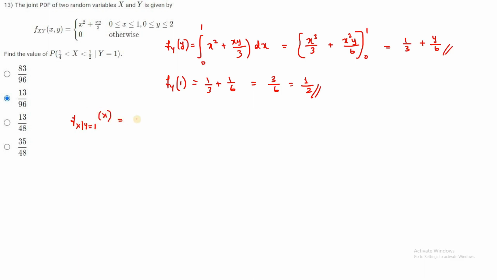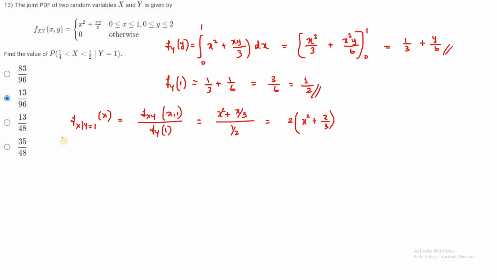This is equal to fxy of x comma 1 whole divided by fy of 1, which is equal to the function in which we substitute y as 1, that is x square plus x by 3, whole divided by 1 by 2. This is nothing but 2 of x square plus x by 3.